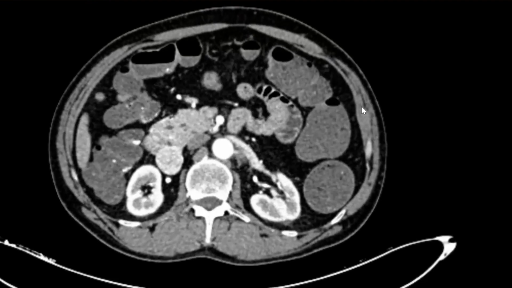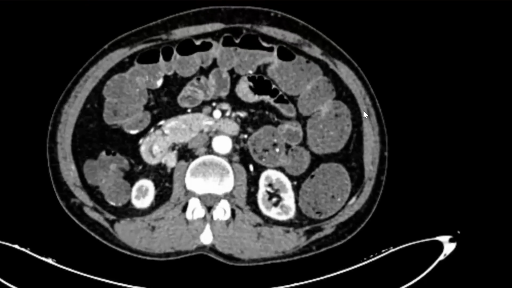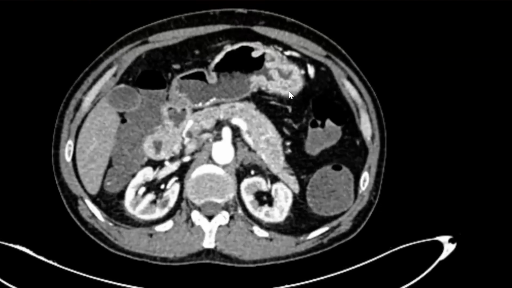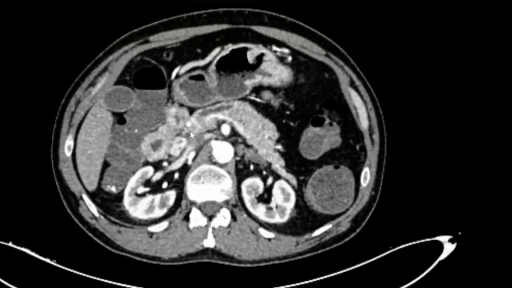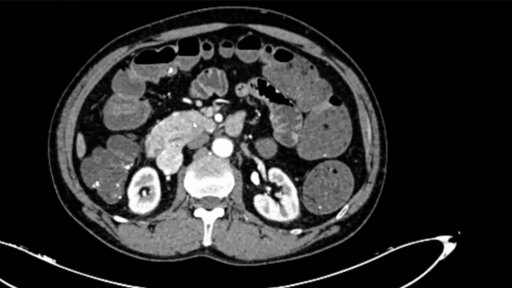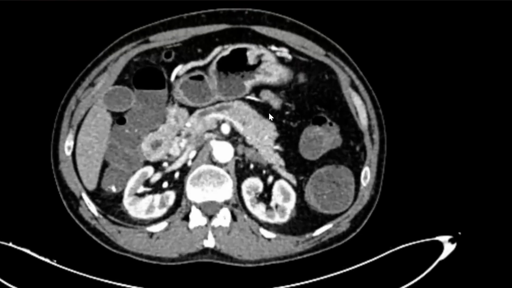I'll inform these findings. In my routine practice, I would like to look for any evidence of perforation of the ulcer, but there is no surrounding free fluid or free gas. I would like to look at the lung window images as well to look at the free air in the peritoneum.